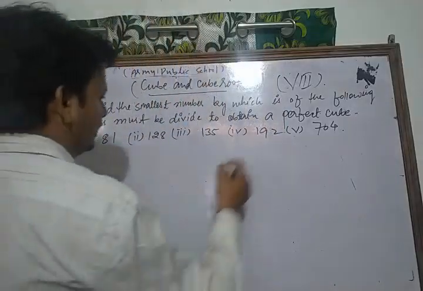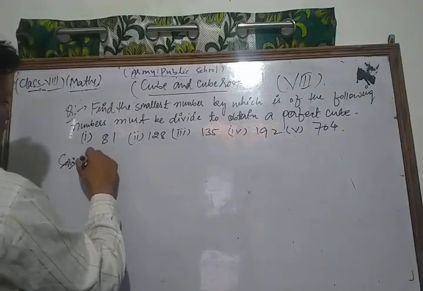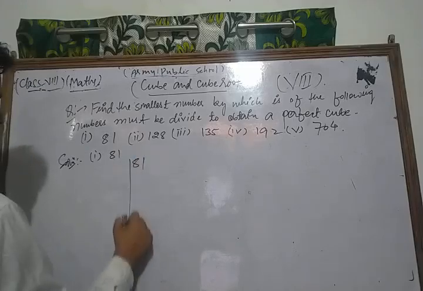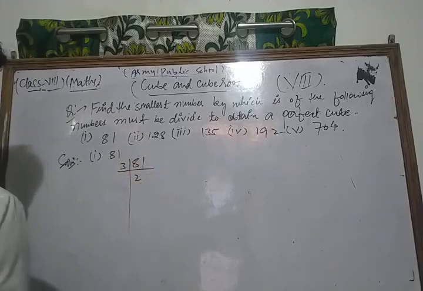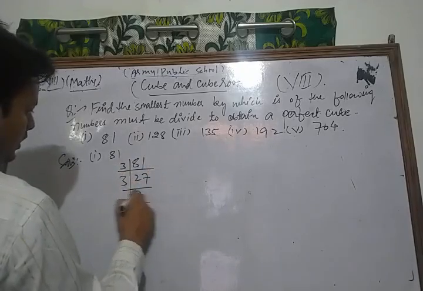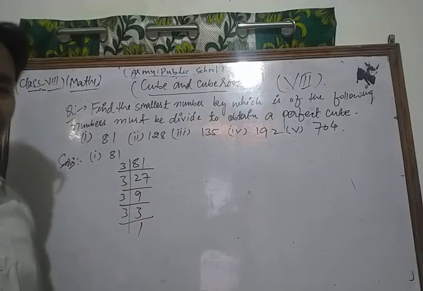Let's see. So first of all we take and solve the first part of this question, which is 81. So what I do? We do their prime factorization. 3 27s are 81, 3 9s are 27, 3 3s are 9, 3 1s are 3.